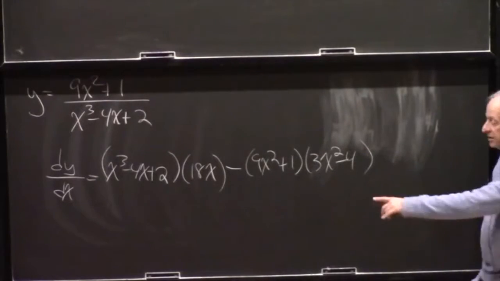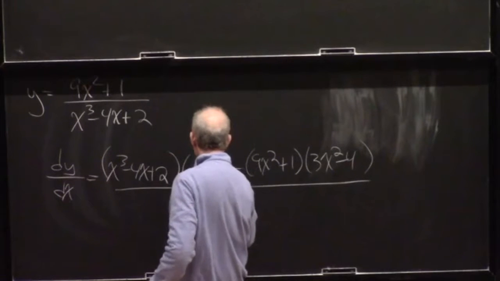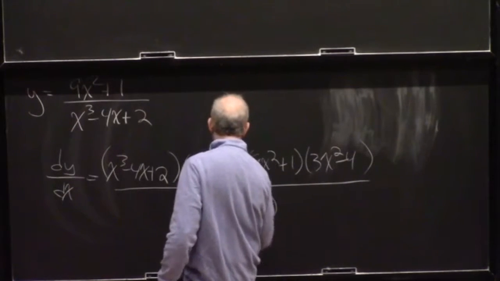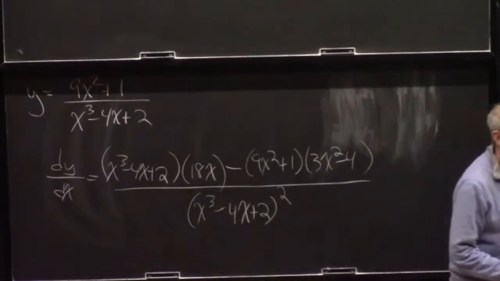And then the whole thing is over the bottom squared. Okay? Two for two?